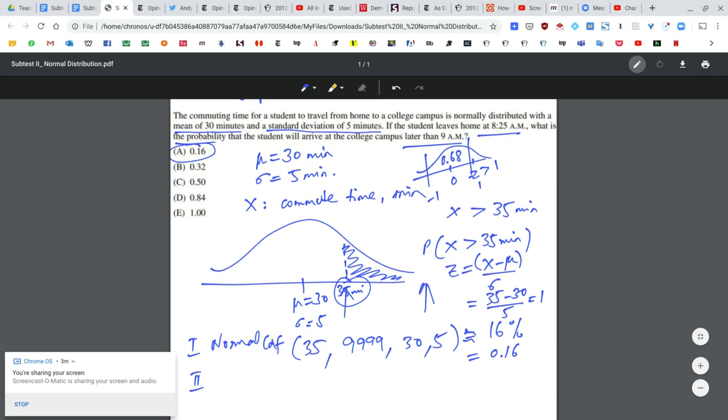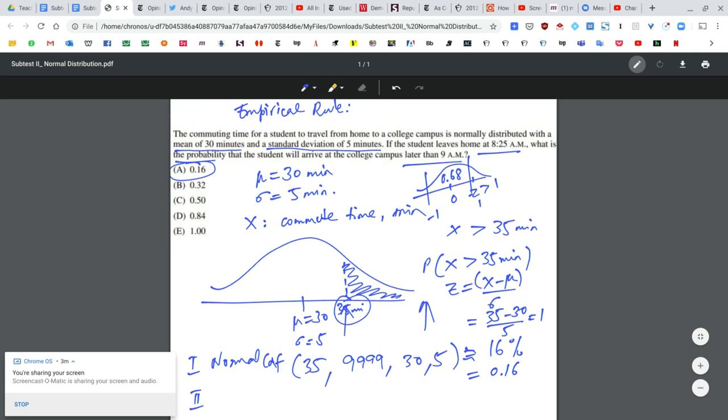Therefore, 32% of values will lie beyond one standard deviation. So in other words, this total area will be 1 minus 0.68, which is 32%. And since the normal distribution is symmetric, that's 0.16 and that's 0.16.